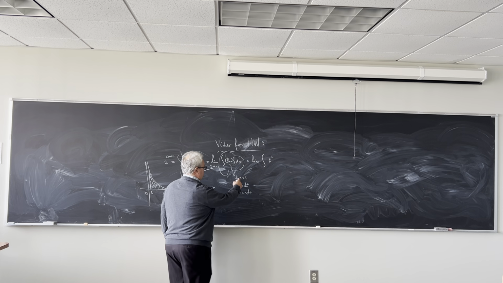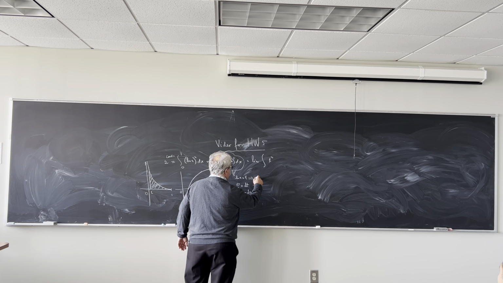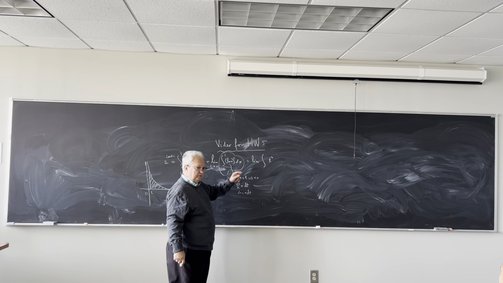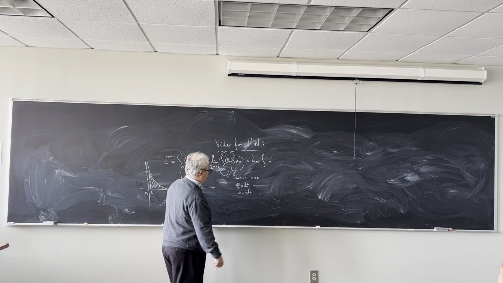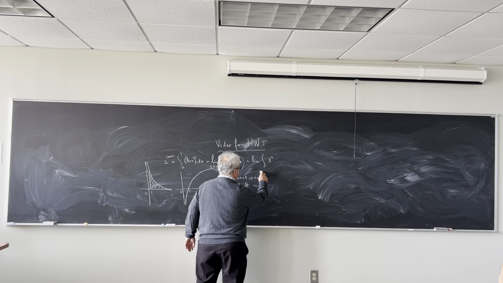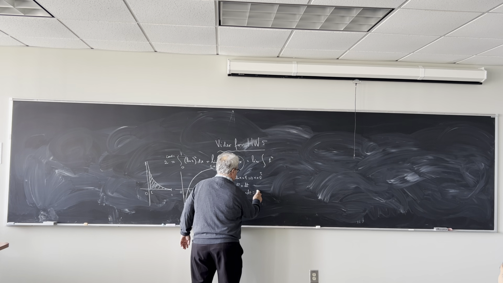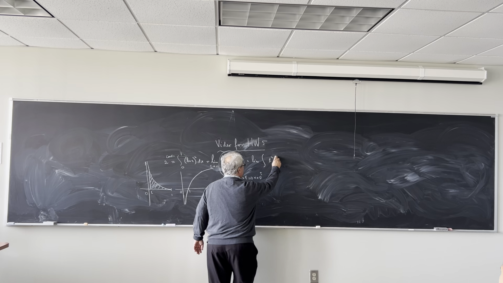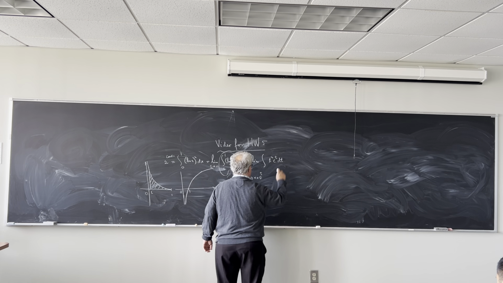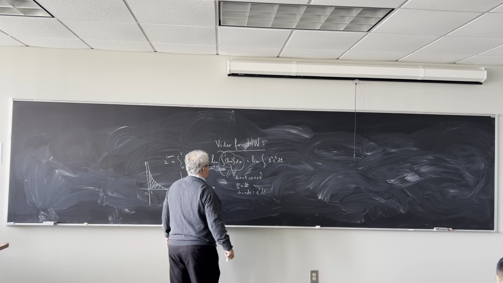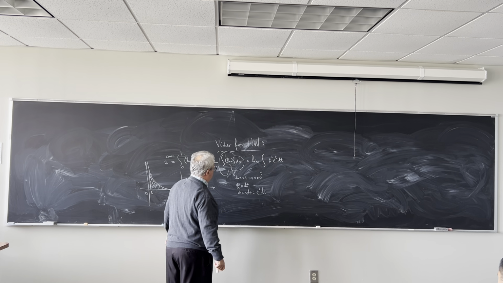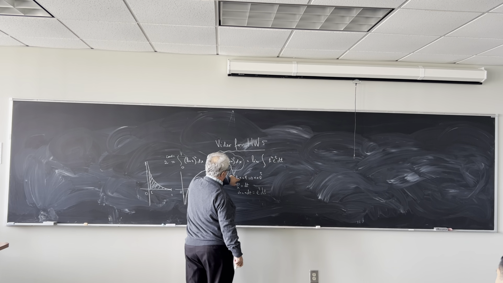But x is e to the t, taking the inverse of ln. So this is e to the t dt. Now what are the limits? Well, the limits change. The limit of 1 is 0.